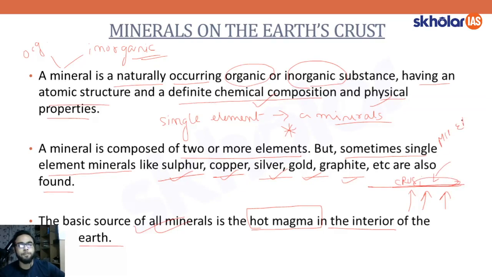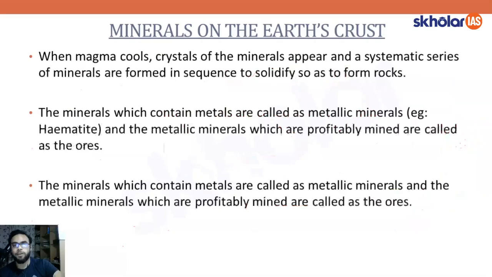We will get minerals. Understood? These elements combine to form minerals. Alright. So when magma cools, what happens? When magma cools, crystals of the minerals appear and a systematic series of minerals are formed in sequence to solidify so as to form rocks.